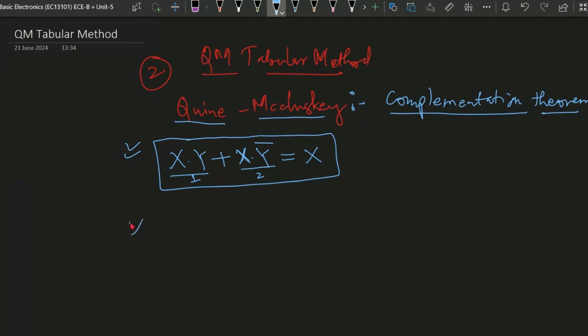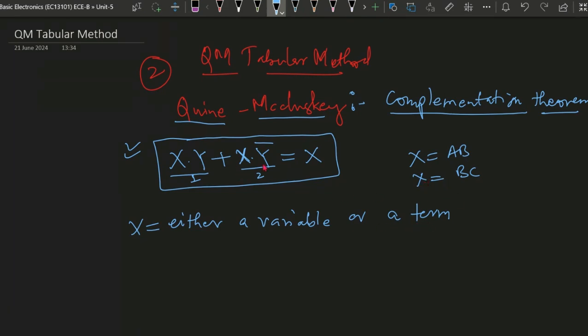Here x can be a variable, or it can be a term. Term in the sense that it can have a group of variables, like x can be AB or x can be BC.